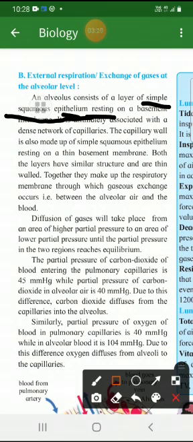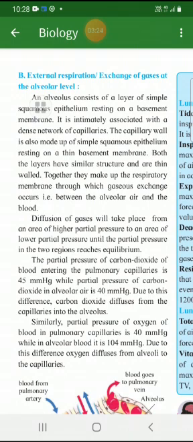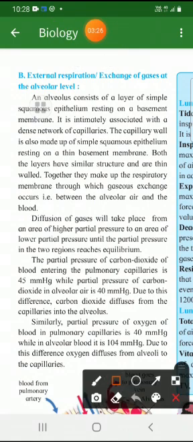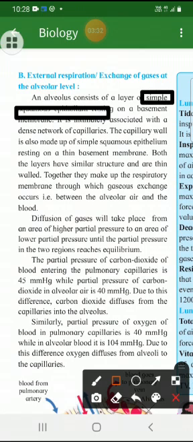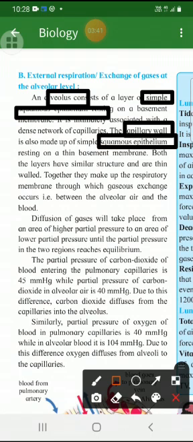Then जो capillary wall है, one is squamous epithelium, simple squamous epithelium of alveolus, and another is capillary wall का, again squamous epithelium.